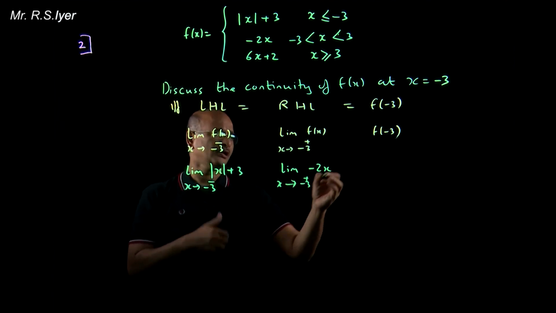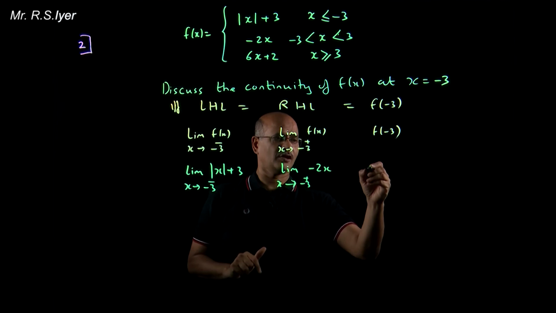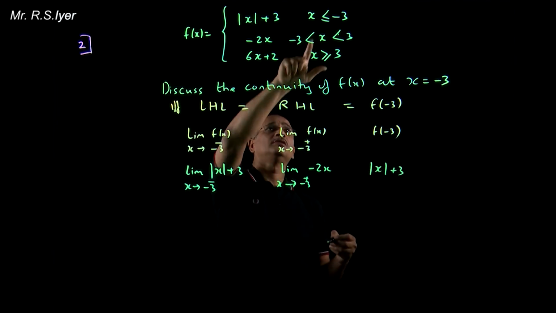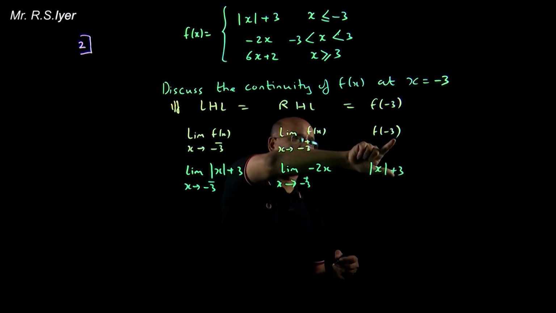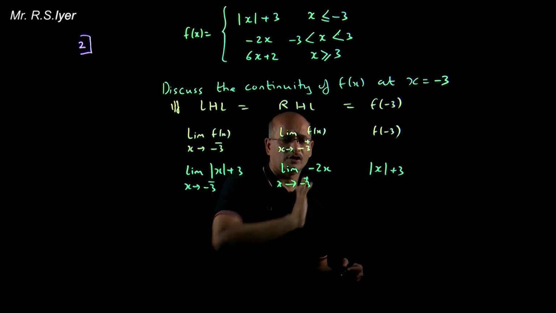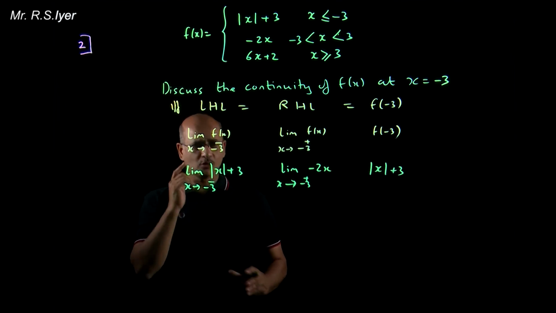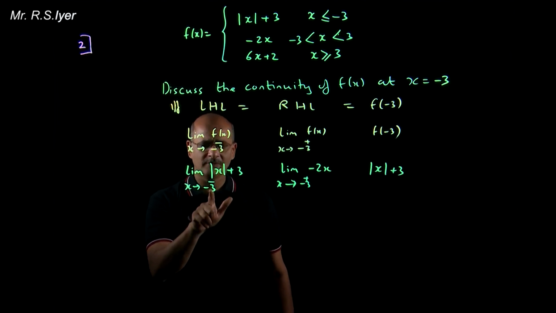Now a very important thing here: f of -3 uses the same function, modulus x plus 3, because this function is valid not only for less than -3 but also when x is equal to -3. So once you have identified which function you have to consider, I want to remind you that we can't continue with this because it is -3 minus.